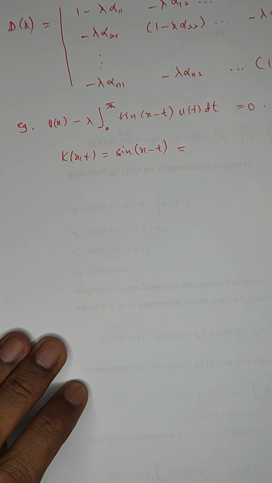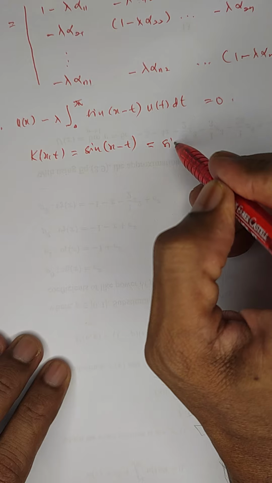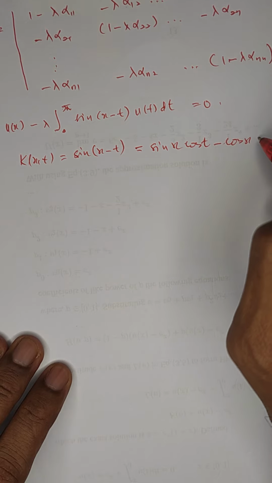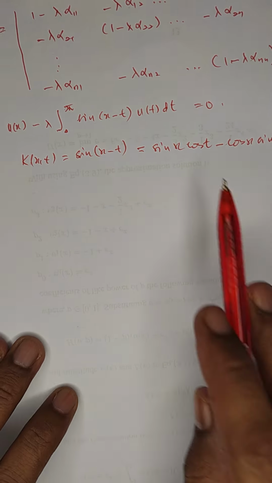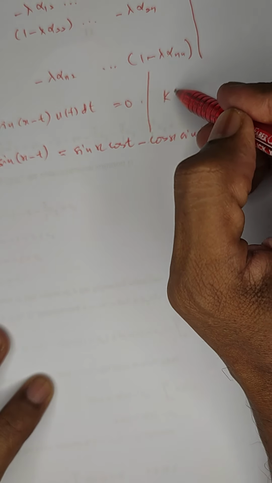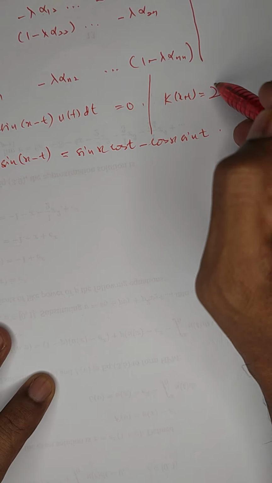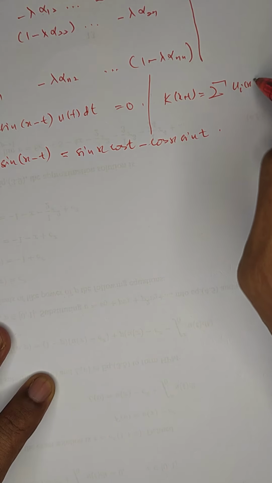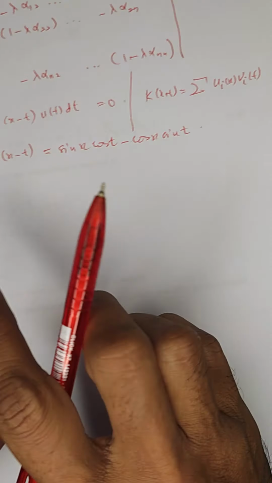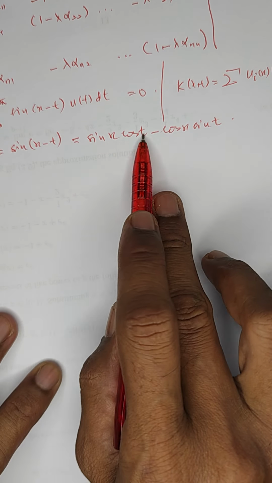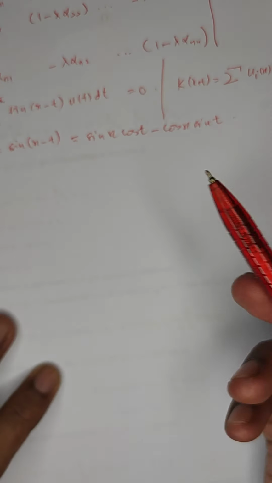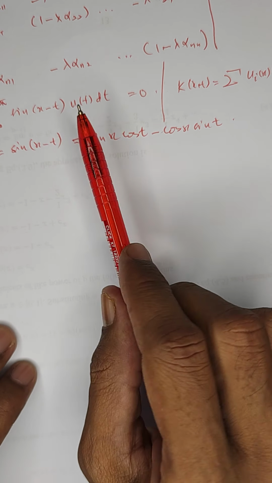Of course, we can write this as sin x cos t minus cos x sin t. So you can see that the separable kernel can be written this way, as a summation of a function of x alone and a function of t alone. If you look here, we have a multiplication of a function of x and a function of t. So which means in this equation our kernel is separable.